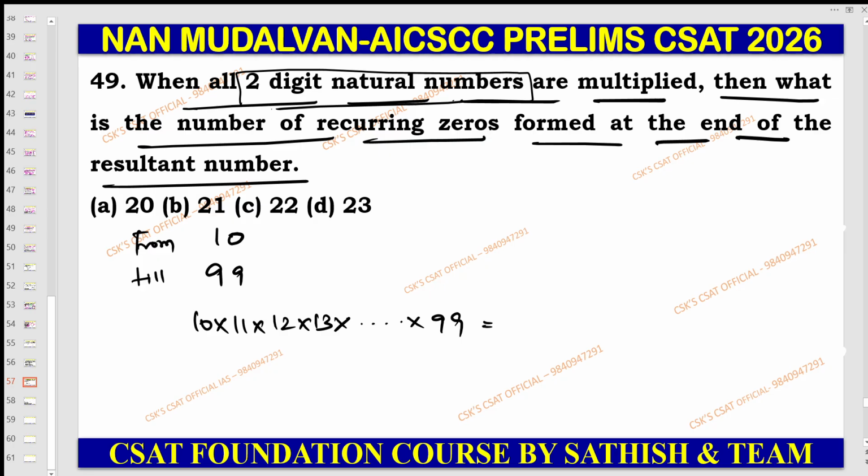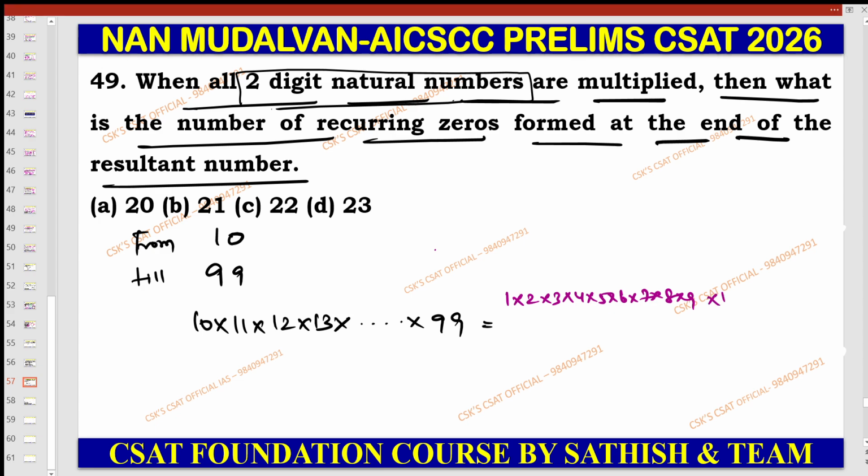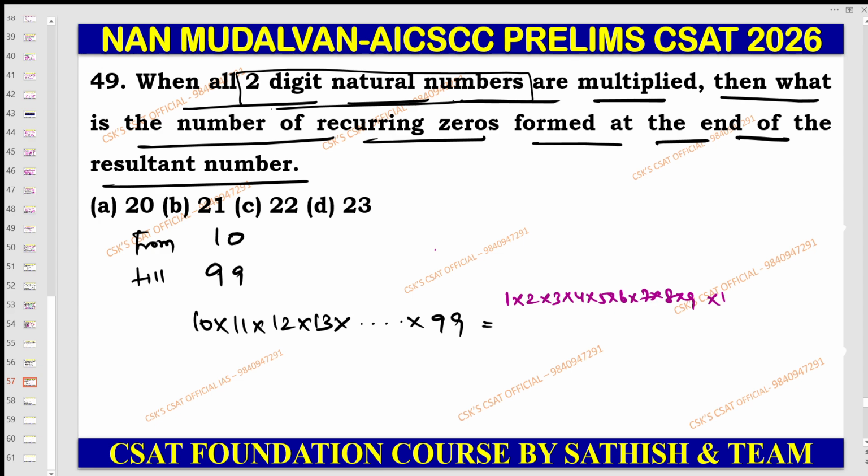When it is not provided, I can write here 1 into 2 into 3 into 4 into 5 into 6 into 7 into 8 into 9, followed by, listen very carefully, 10 into 11 and so on up to 99. When you are multiplying some number in the numerator, that has to be divisible in the denominator.